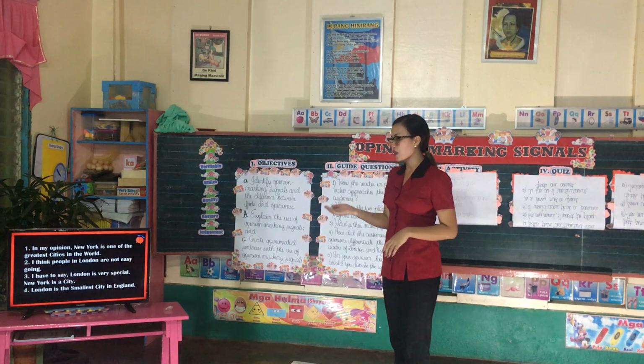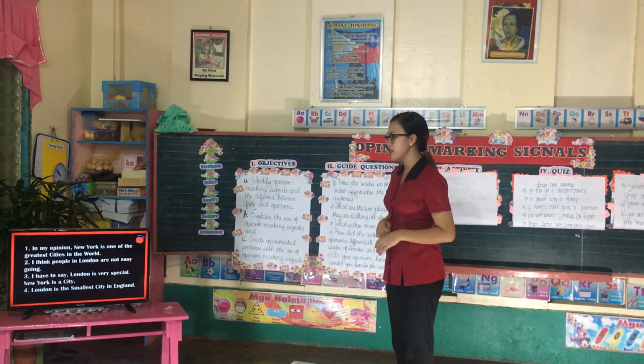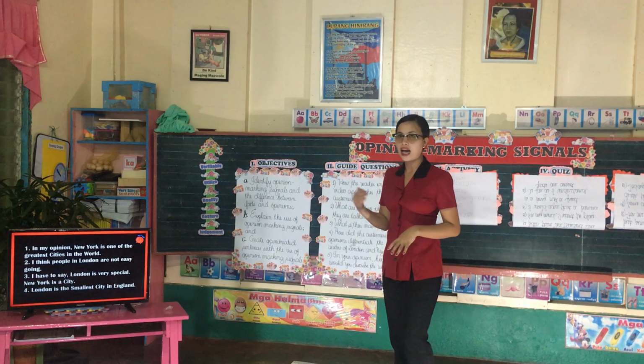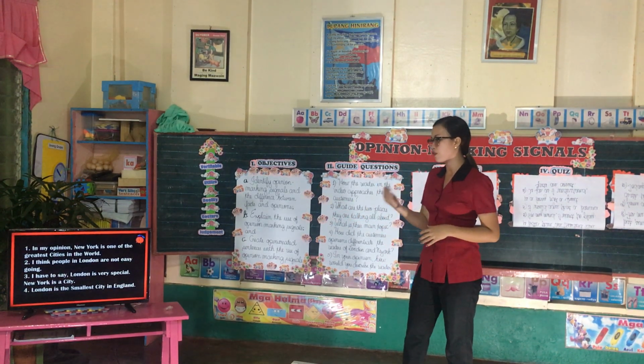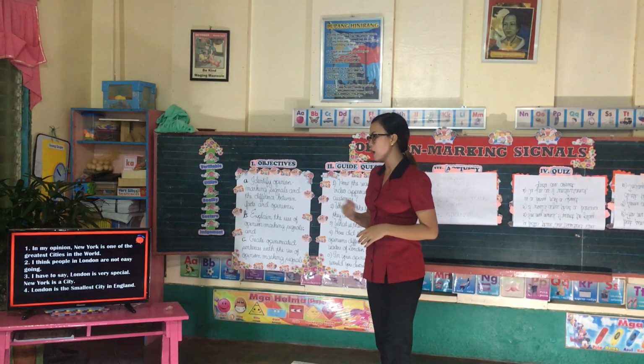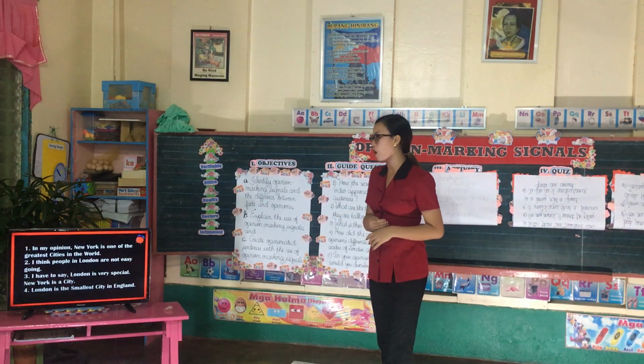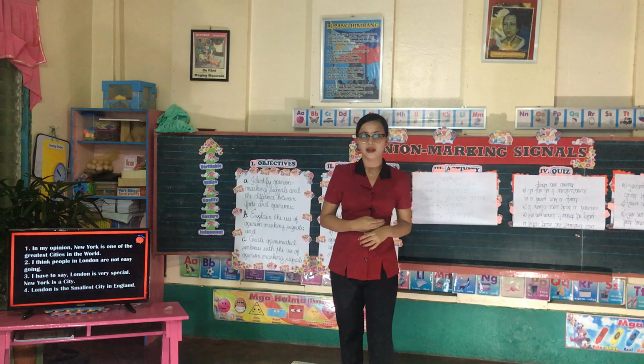Number 2, I think people in London are not easygoing. Number 3, I have to say London is very special. Number 4, New York is the city. And number 5, London is the smallest city in England.